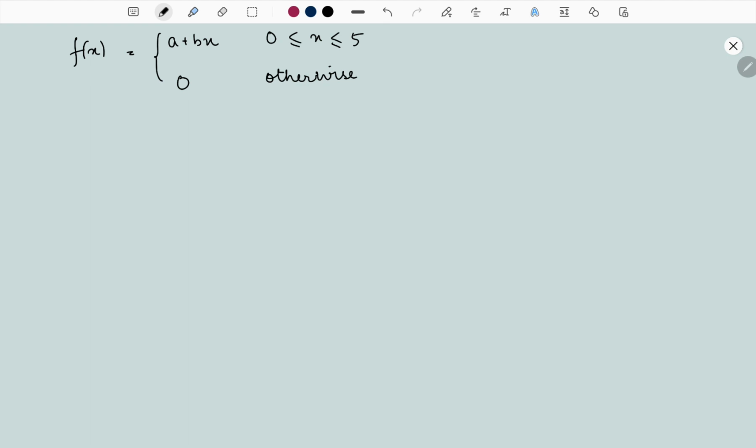Rather than finding, it would be better to change up the question. So let us say the question is, show 10a plus 25b equals 2. We have to prove this. So first of all, we will find the values of a and b.